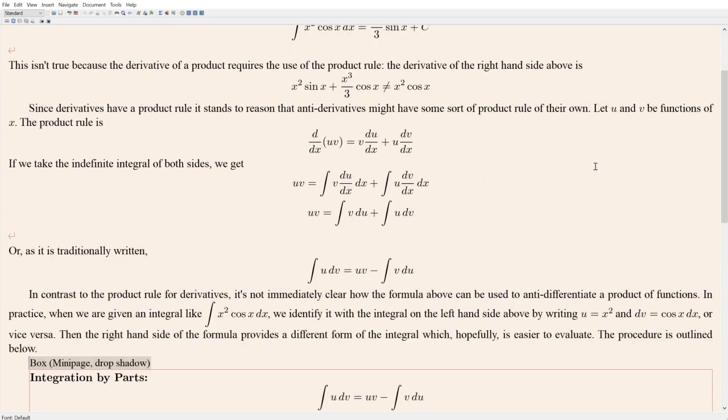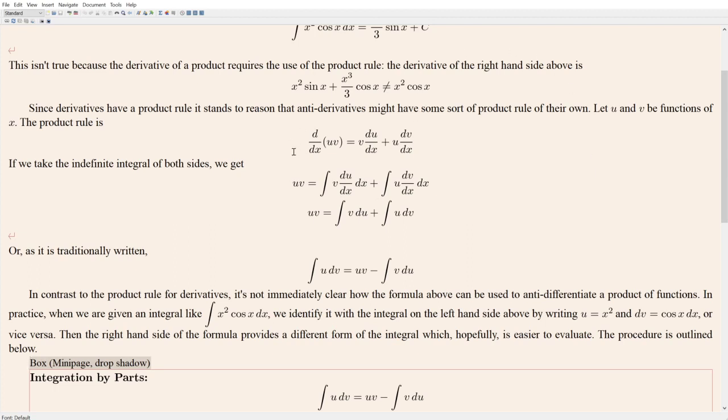So what we want to do here is try to figure out some sort of strategy for finding the antiderivative of a product which is correct. And it makes sense that the starting point for such an analysis might be the product rule for derivatives.